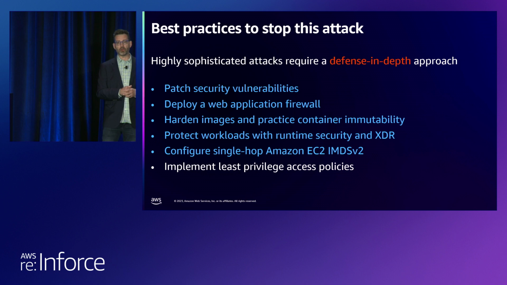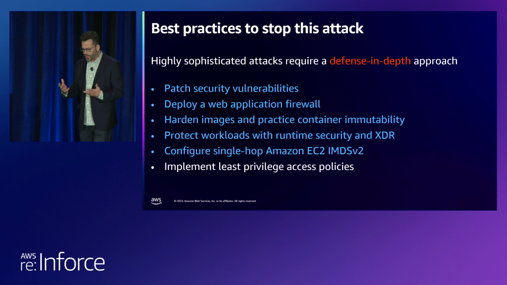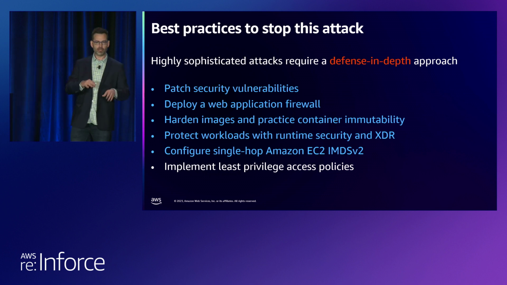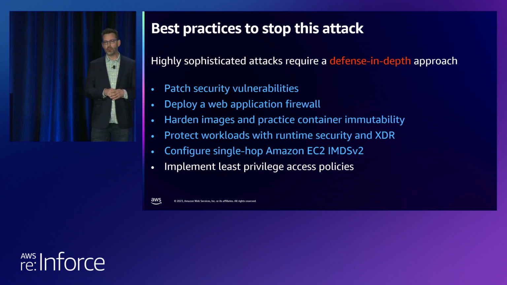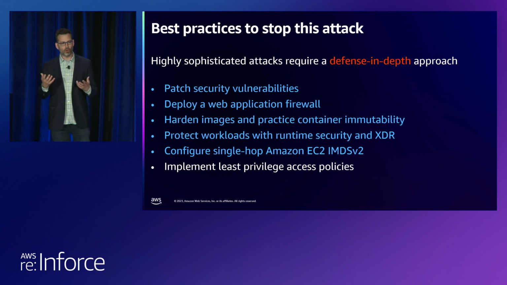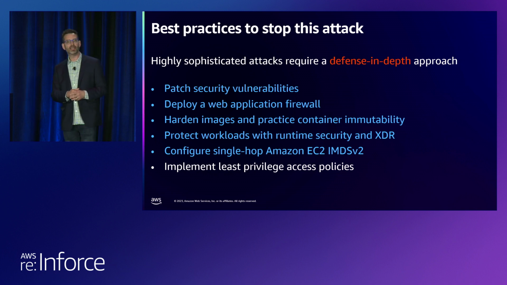And always least privilege. When we see these attacks moving laterally, they're taking advantage of credentials on the OS, to be able to exfiltrate data or credentials that are stored on the OS. So don't store hard-coded credentials in your production-facing systems. But as with IMDS, there's a role assigned to a system, whether it's a container or EC2 instance, that can be used to access other AWS services.